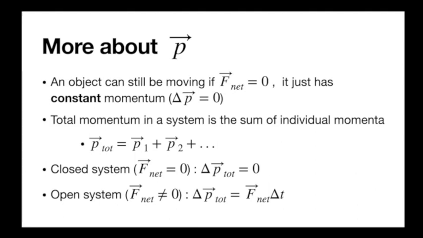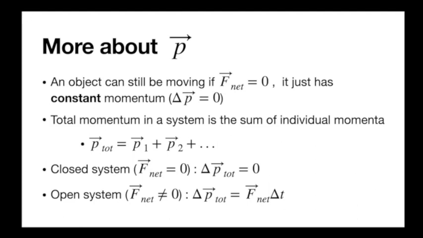And we often work with systems of objects. So total momentum is just the sum of the momenta of the objects in the system. Conservation of momentum works not just for an individual object, where it would just say that its momentum won't change unless we act on it with a force. But with a system, it's saying that if there's no net force on the entire system, then the change in the sum of all the momenta, the total, is 0.